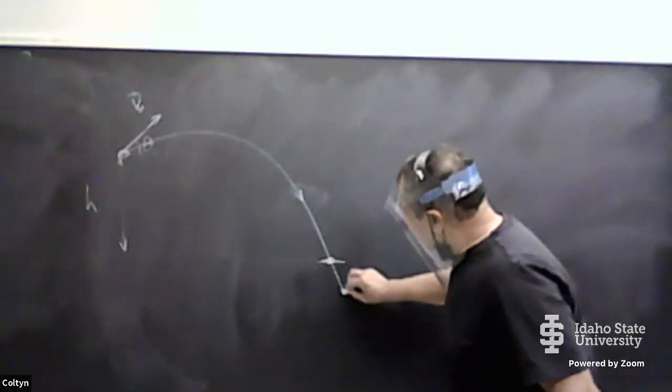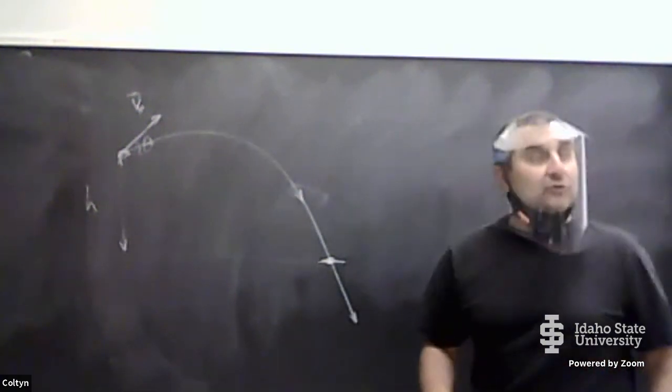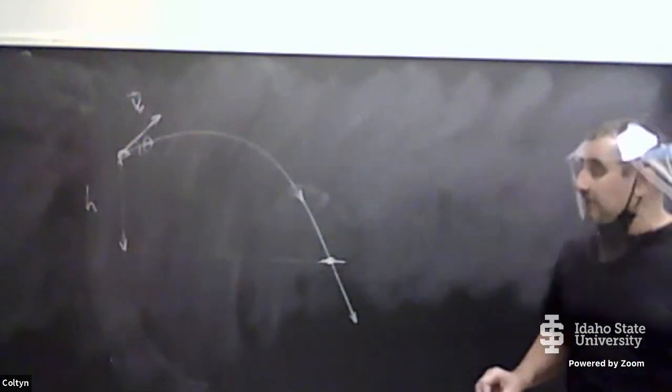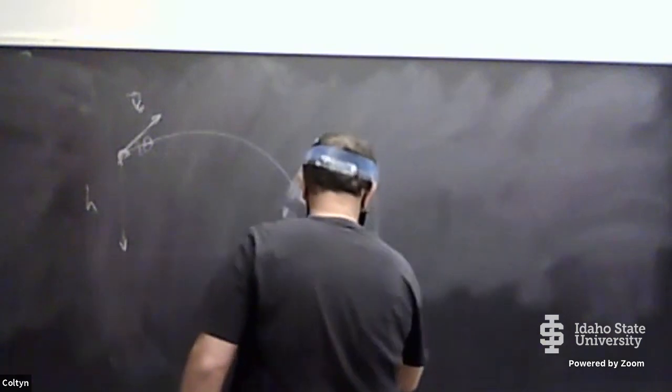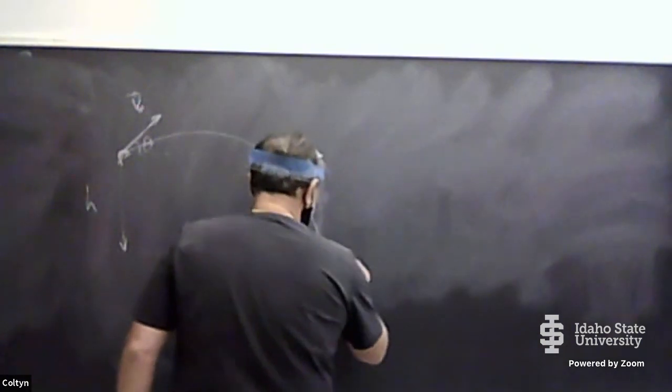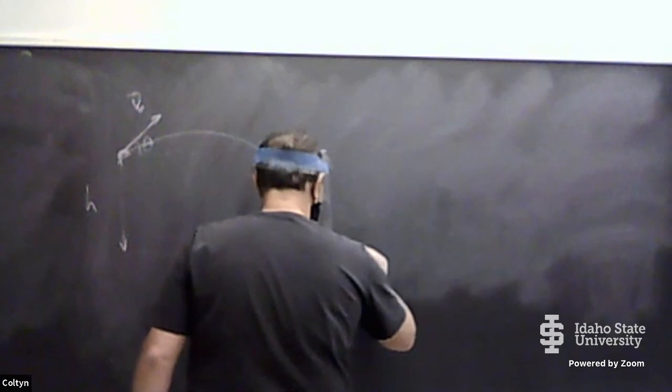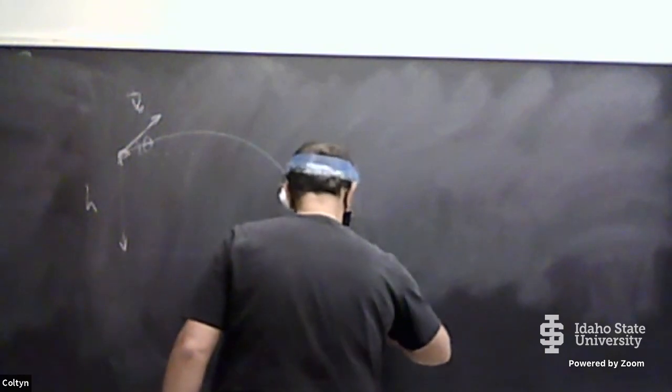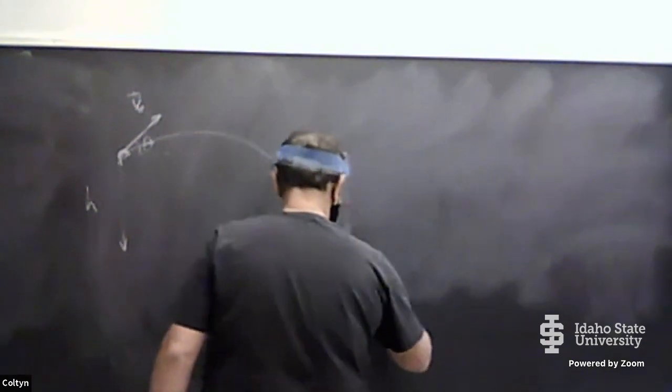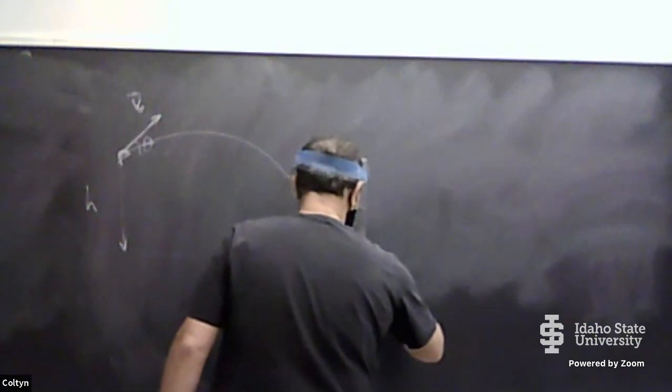The final velocity of that projectile is going to be some vector tangential to the parabola. That vector is going to have a horizontal component and a vertical component also, Vx and Vy.